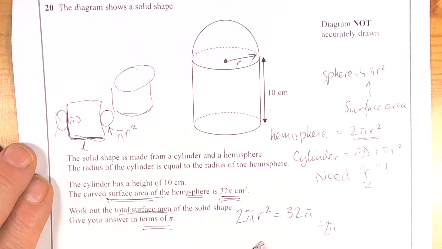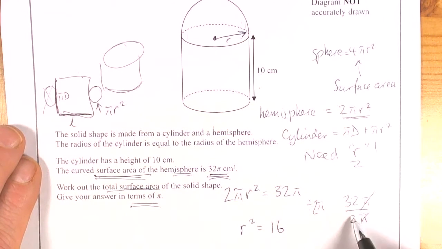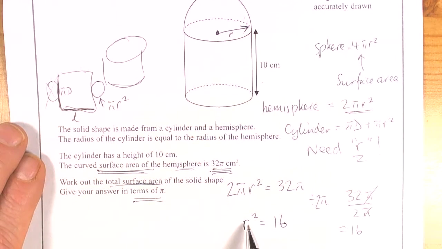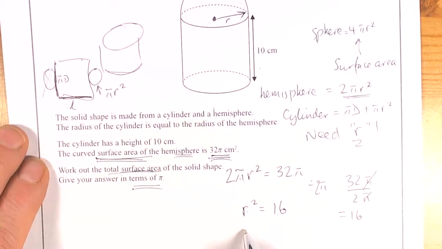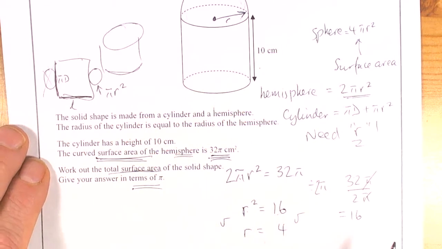So that gives me r squared is equal to 16. Now we've got to remember, guys, it's 32 pi divided by 2 pi. Pi divided by pi is 1, so they cancel down to 1. And 32 divided by 2 is 16. So we know that r squared is the same as 16, so r must be worth 4. Square root of 16, so we square root both sides, and we get r is 4.